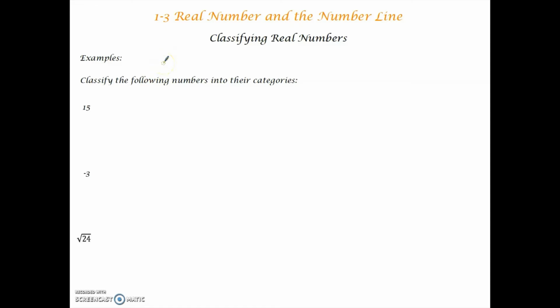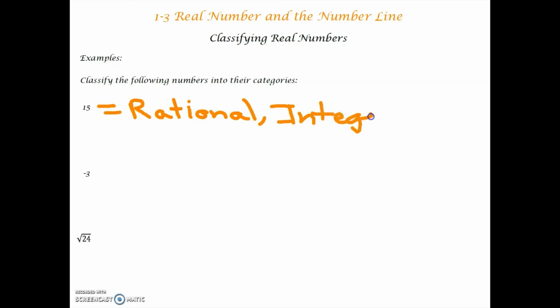Classify the following numbers into their categories. 15 is a rational number. 15 is also an integer. 15 is also a natural number.